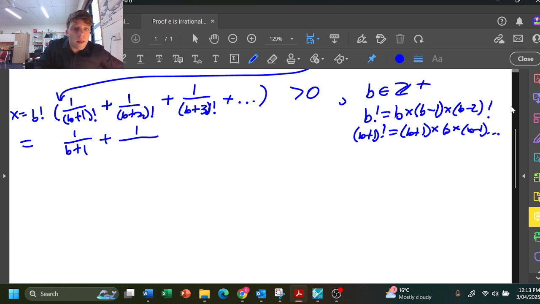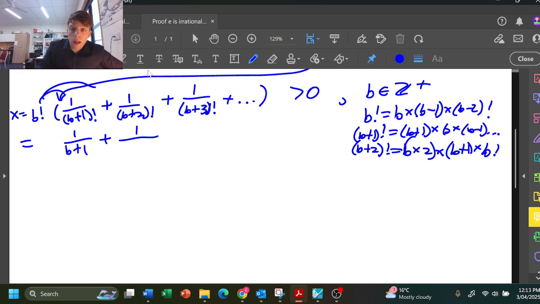And in the same way, for this second fraction, if I expand out b factorial divided by b plus 2 factorial, then the b factorial up the top would cancel out. So b plus 2 factorial is equal to b plus 2 times b plus 1 times b factorial.